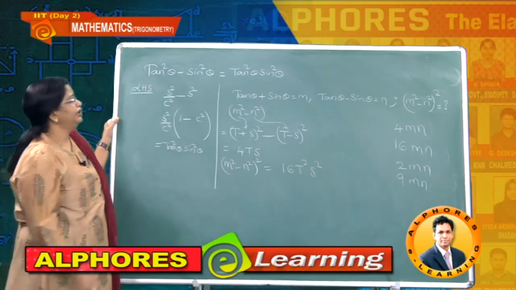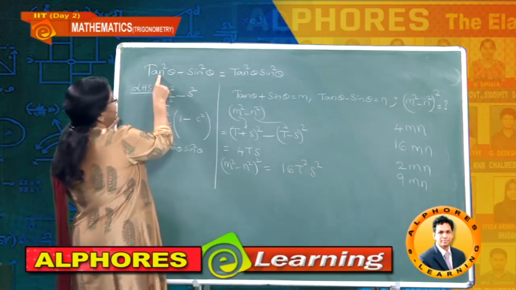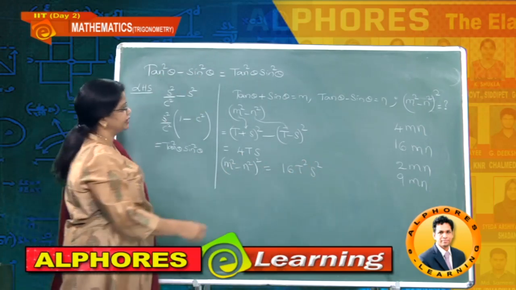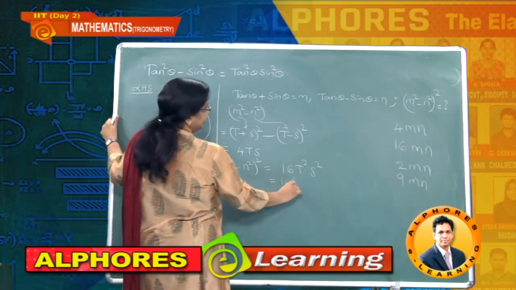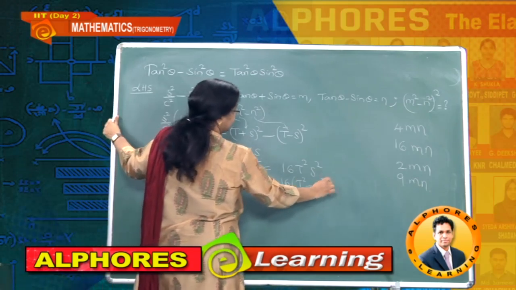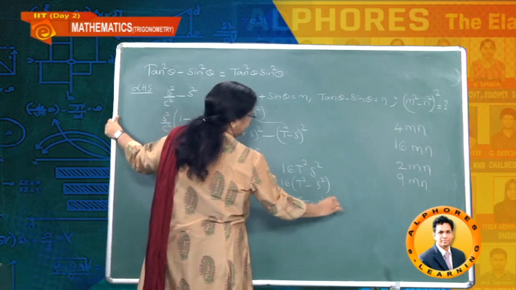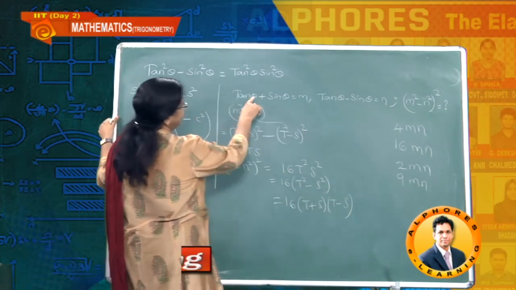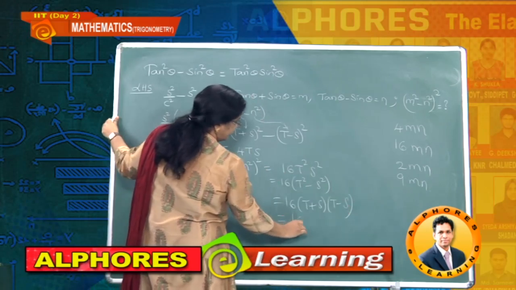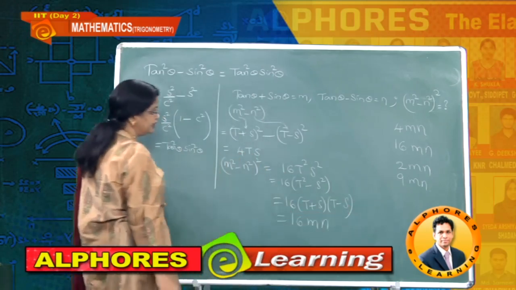Now tan square into sin square is nothing but tan square minus sin square. So I write 16 times (tan square minus sin square), that is 16 times (tan plus sin) into (tan minus sin), and those are nothing but m into n. So we got 16 times mn.